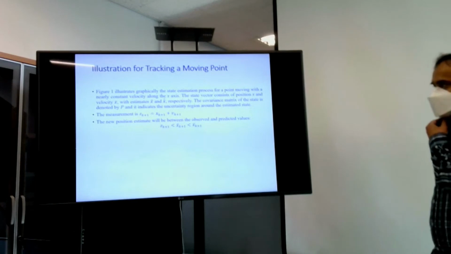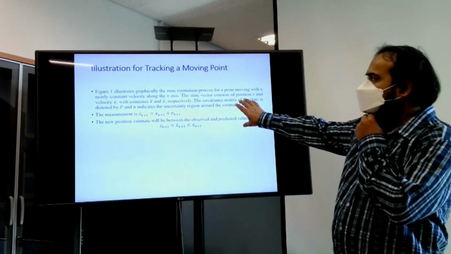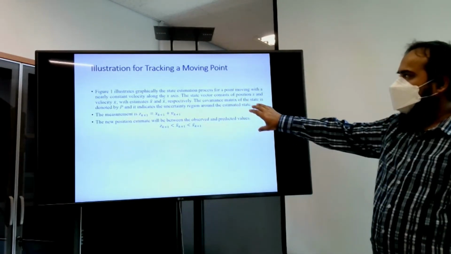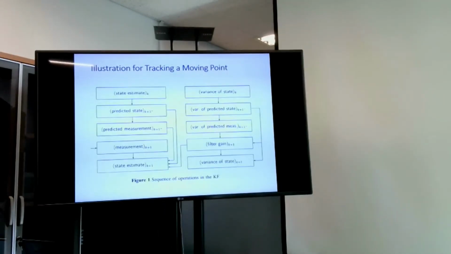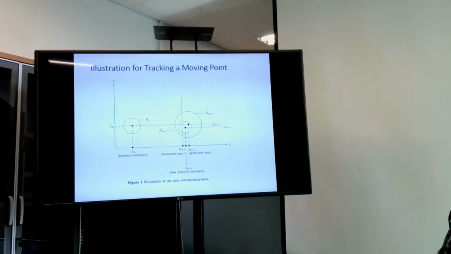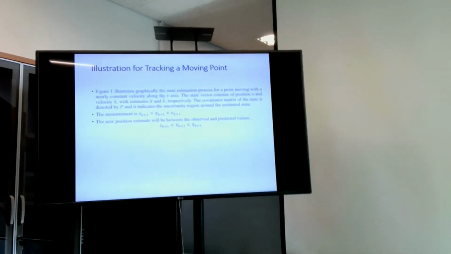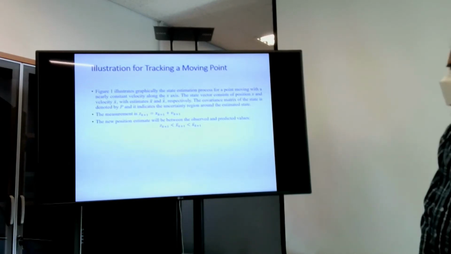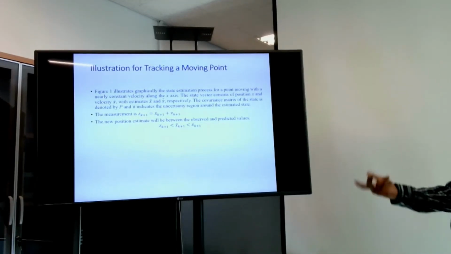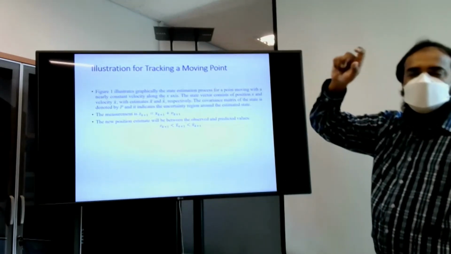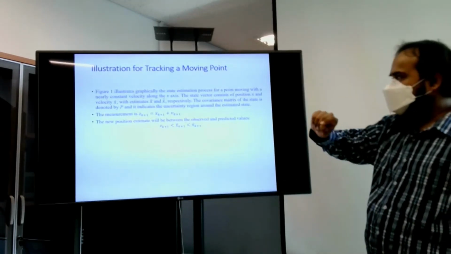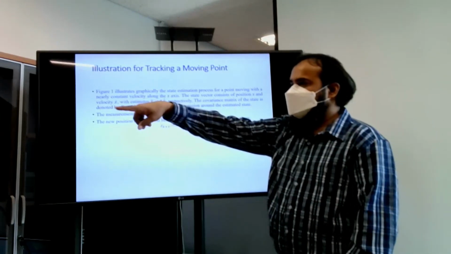So this illustrates the tracking of a moving point, like in this figure, the flow chart and the figure. Assume there is some point moving and you are tracking that one point, as I already explained.